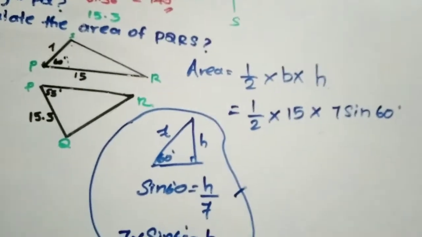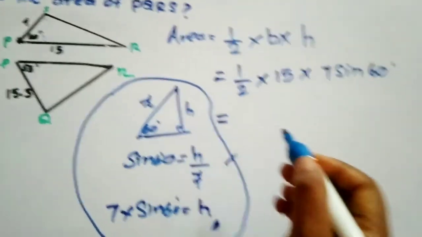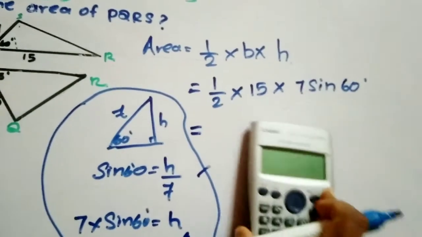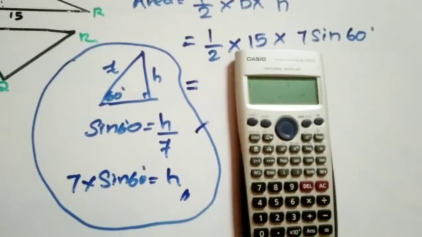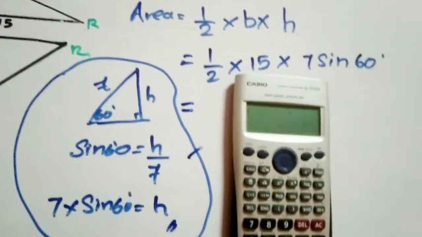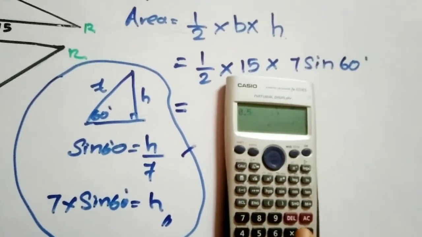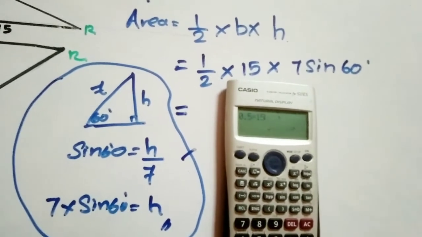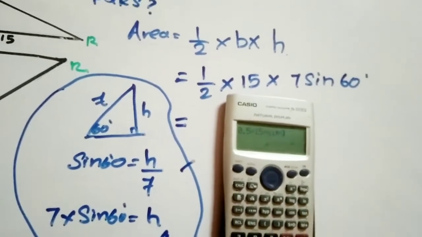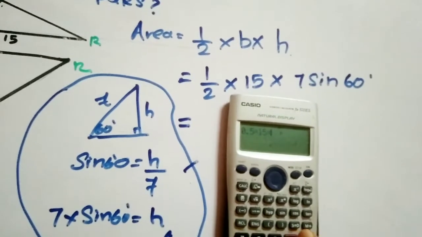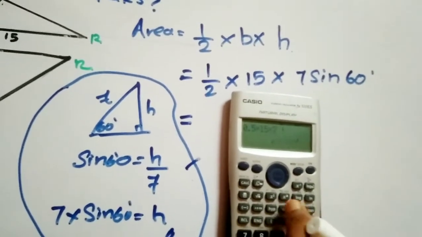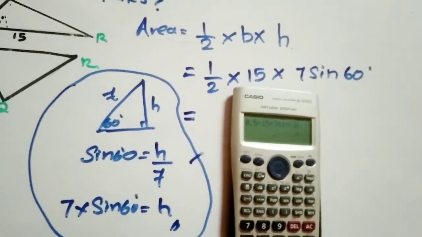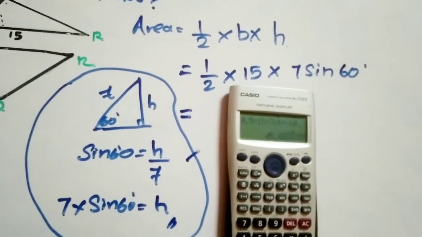Let's simplify this. Instead of half, I can type 0.5 here. Half and 0.5 are both equal values, we know. The decimal form of half is 0.5. 0.5 into 15 into 7 sine 60.